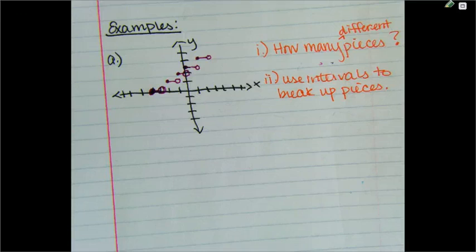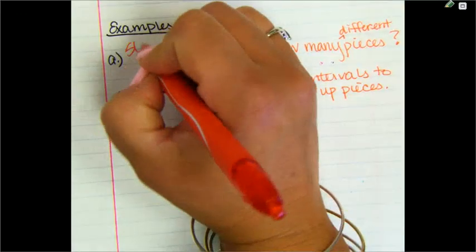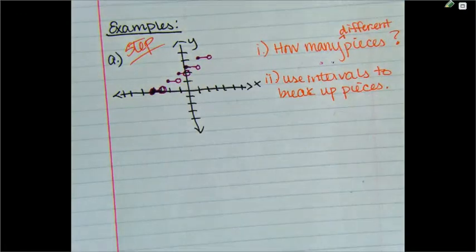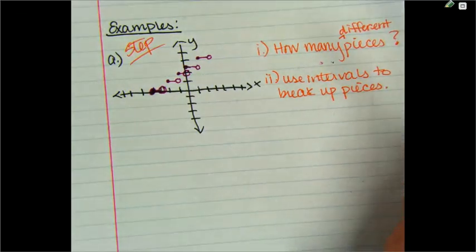So if I look at my function, first of all, is it a piecewise or is it a step function? It's a step function, so maybe we should label it. Because it looks like steps. See it? It kind of looks like stairs. All right, so the question is, how many different pieces do you have? 5.